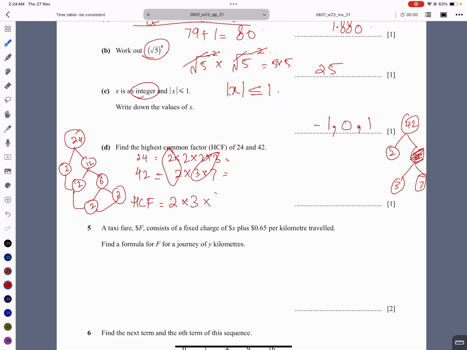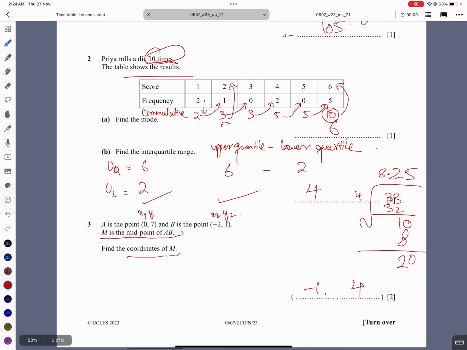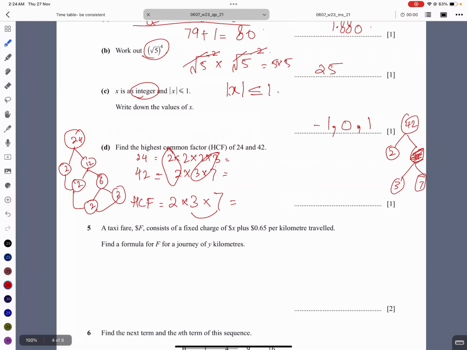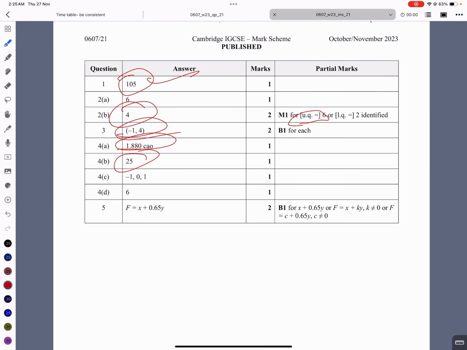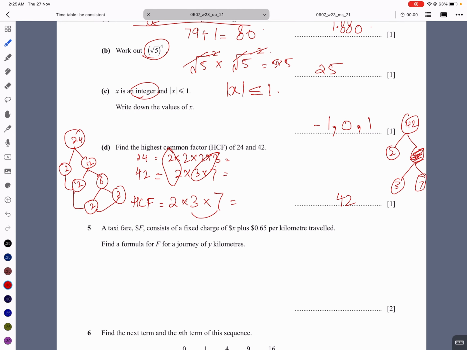And 7, sorry, 7 is not common over here. So only 2 and 3 are common. So 2 into 3 is 6.